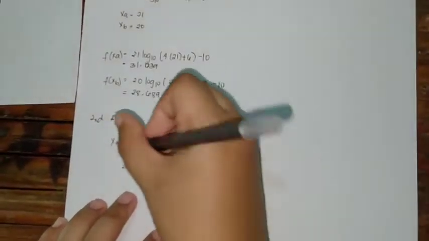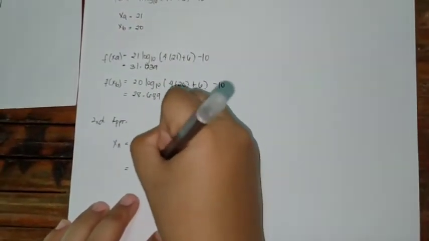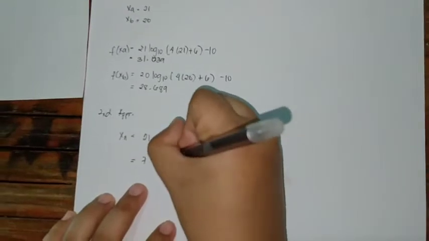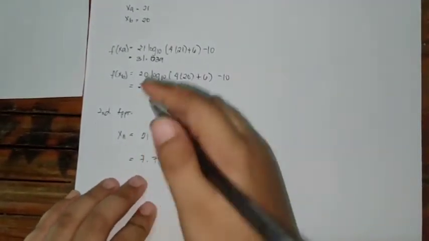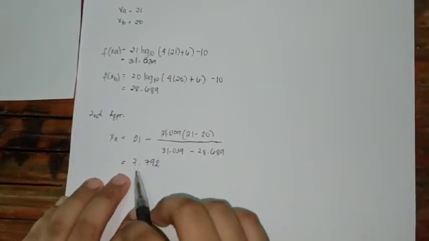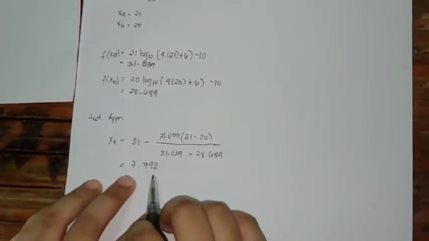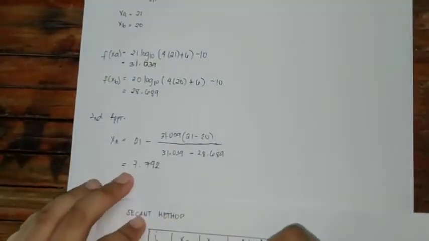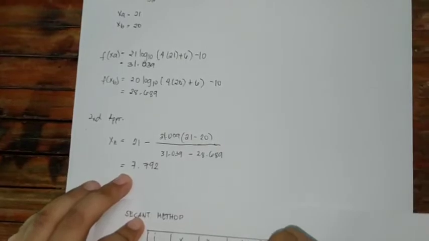So we have 7.792. So here in the second iteration, the 7.792 will be our new value of x.